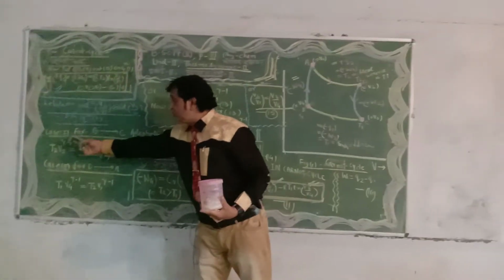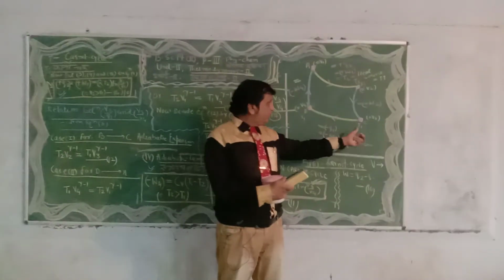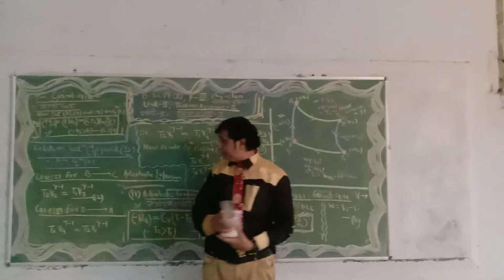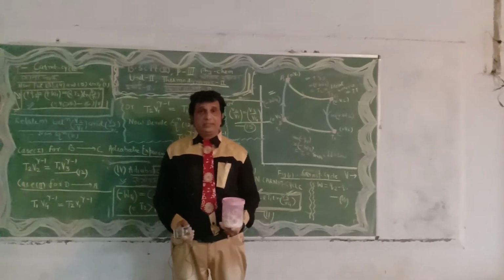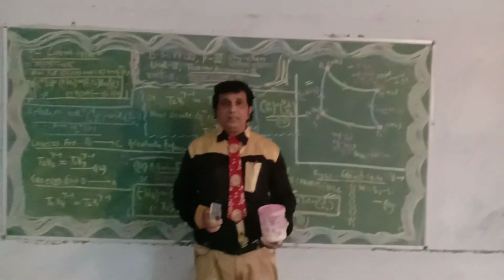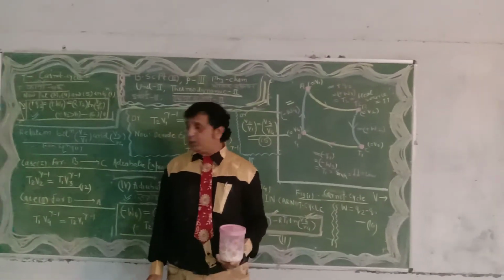Similarly, T2 V2 to the power gamma minus 1 is equal to T1 V3 to the power gamma minus 1 at the point C, where gamma is the ratio of heat capacities at constant pressure and constant volume. Write down equation number 12.